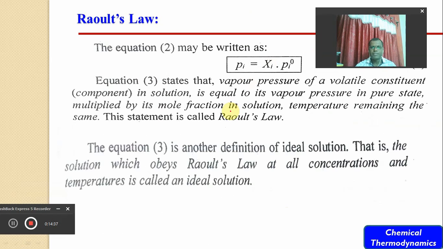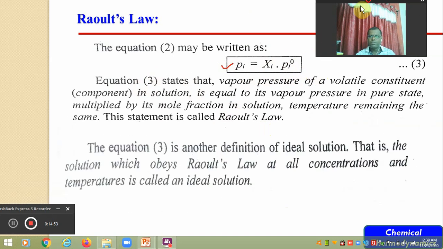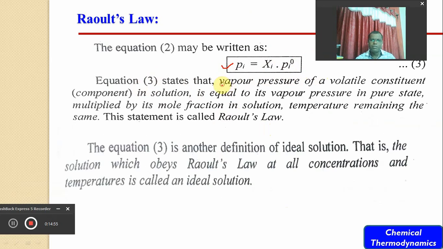Because Xi is equal to Pi upon Pi0, Pi, the partial vapor pressure, is equal to the mole fraction of the ith component times the partial vapor pressure of the ith component in the pure state. And from this equation 3 we can say that the vapor pressure of a volatile constituent i in solution is always equal to its vapor pressure in the pure state, Pi0, multiplied by its mole fraction, Xi.